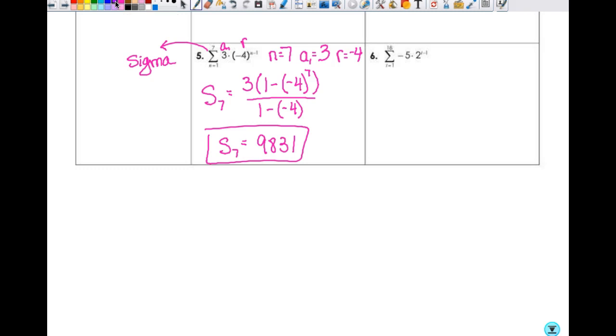Okay, and if you're not getting that and you don't know why, then let me know. What questions do you have? All right, y'all do number 6 on your own.